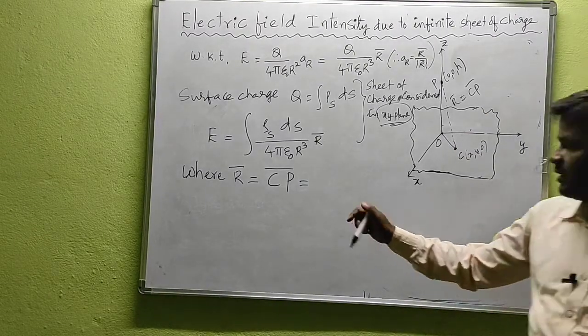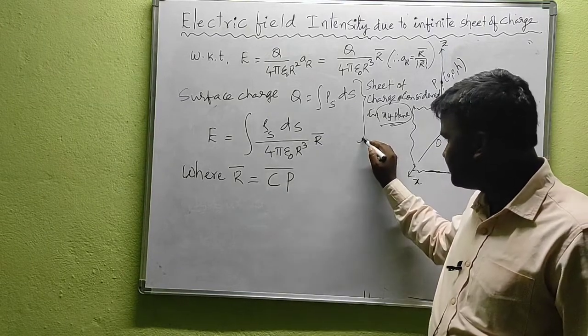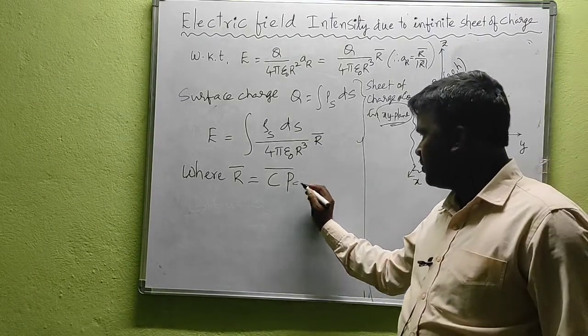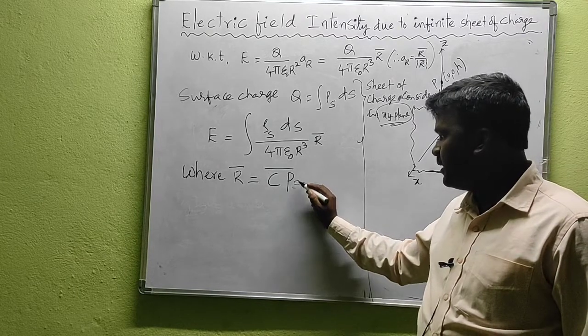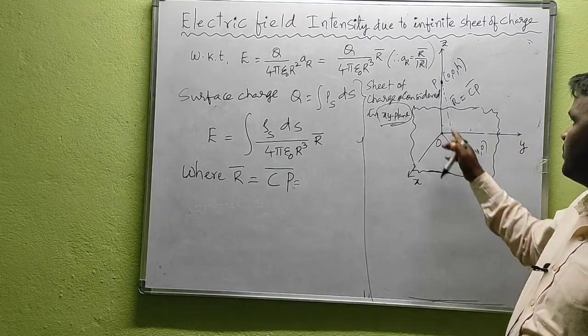From this we can find the distance vector. The distance vector can be obtained by subtracting the starting point from the terminating point.